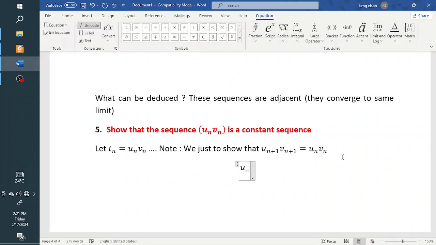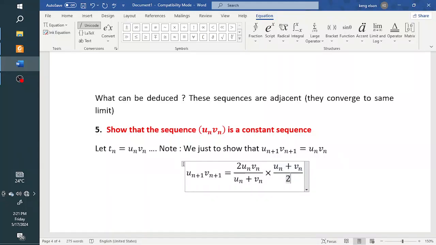So then let us look at un plus 1 times vn plus 1. This is equal to, now my un plus 1 is 2un vn divided by un plus vn. What about my vn plus 1? It is un plus vn divided by 2.